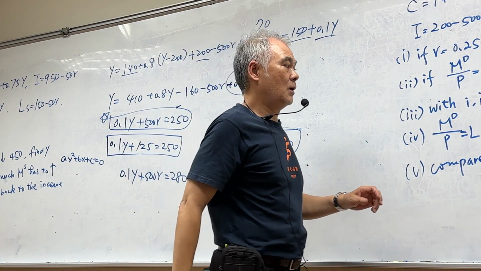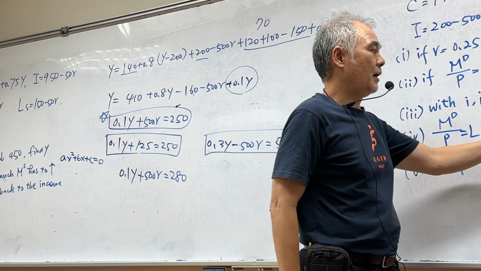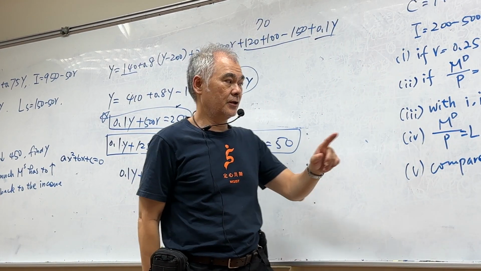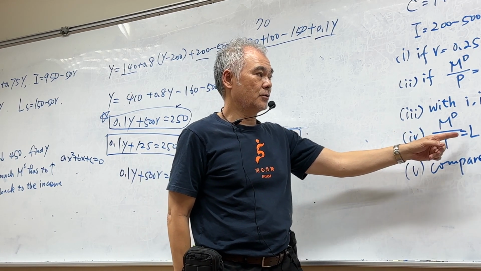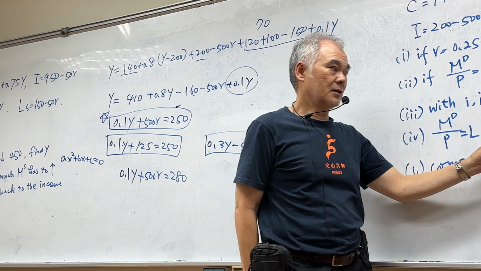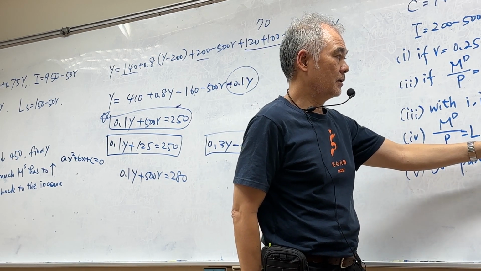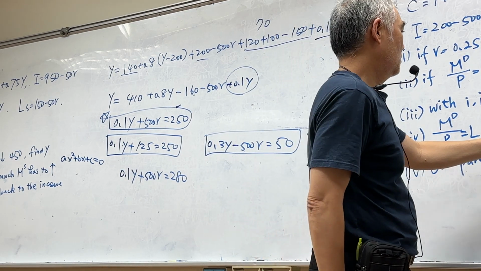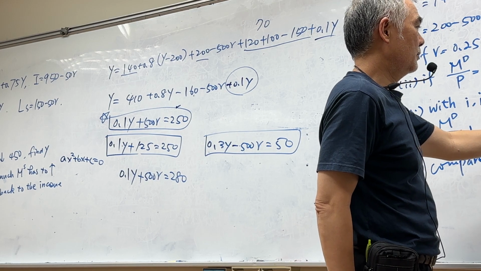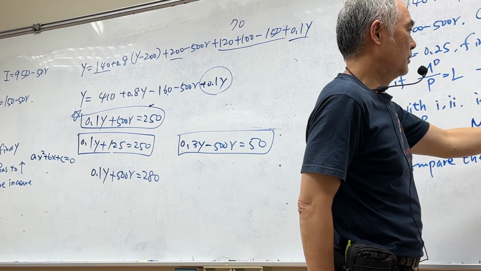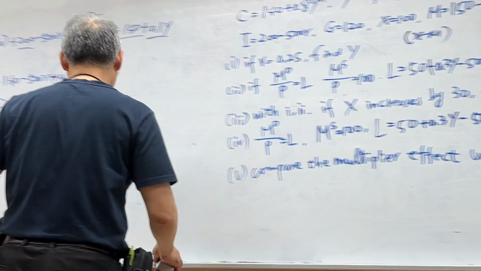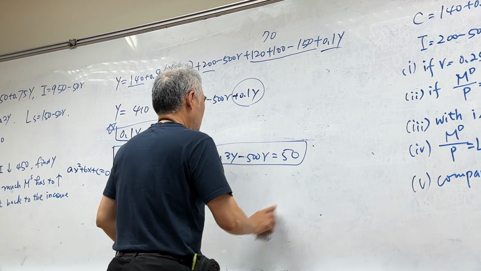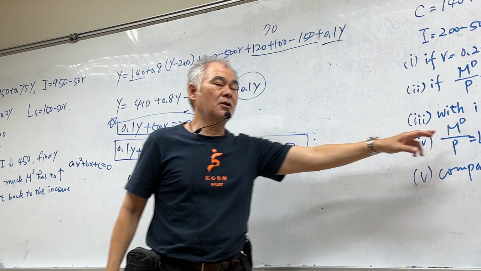Let's see what's going on here. Be careful here. You have real money demand equal to L, and money supply is equal to 100. So L is equal to 50 plus 0.3y minus 500r. This is still the LM curve.